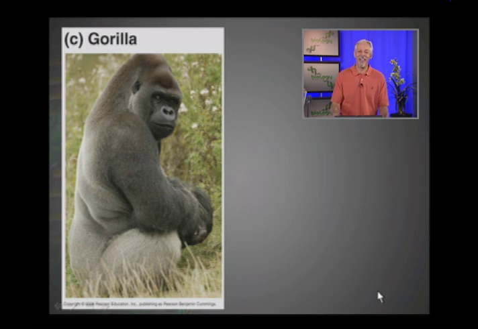I'm assuming that that's the case. And conversely, the gorilla is not looking at you and saying, wow, you're really cute, wink, wink. My hope is that that's not what's going to happen, and I'm certain that it doesn't happen. So that's an example of a premating isolating mechanism. There's no attraction. You don't want to copulate with that animal, and as a result, you don't copulate. That's a premating isolating mechanism.